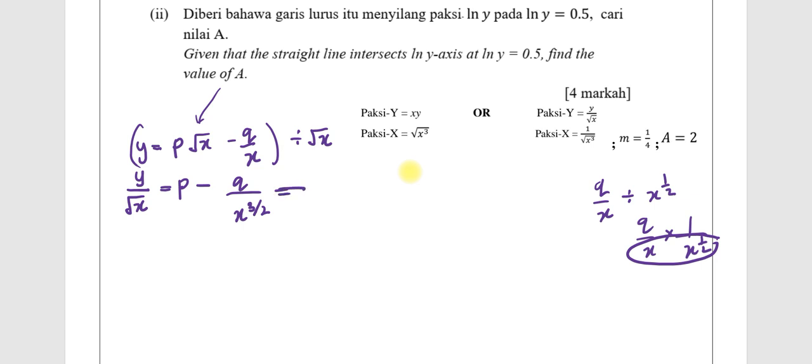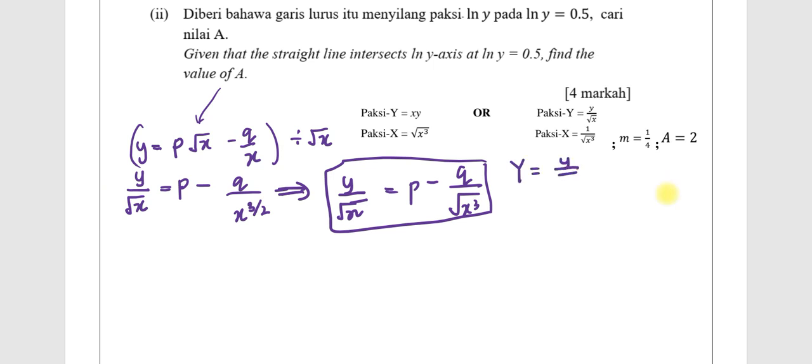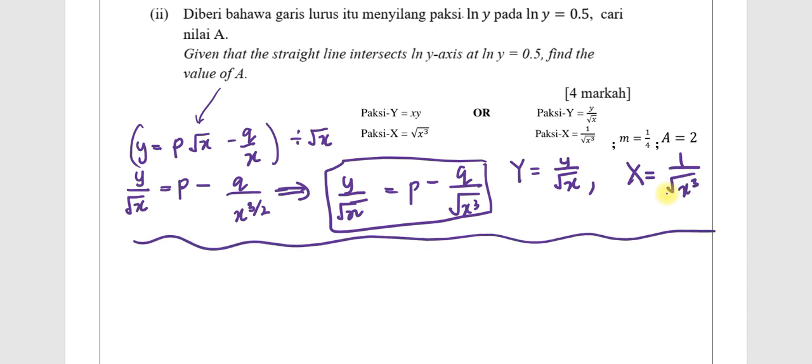And then you can tell in this form lah. P minus Q over x power 3 over 2, maksudnya x power 3 and square root lah. Okay, this is one of the way lah. If you are using this, wait, let me erase this part. If you are using this, your y is equals to y over square root x. Your x is equals to 1 over third of x cubed.